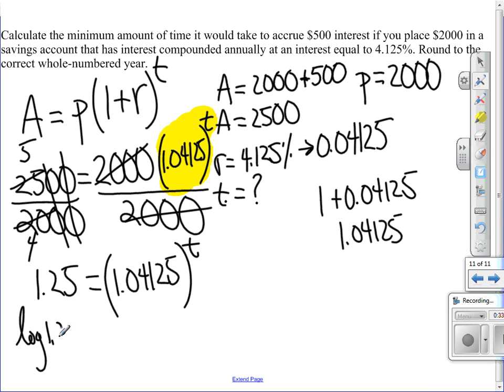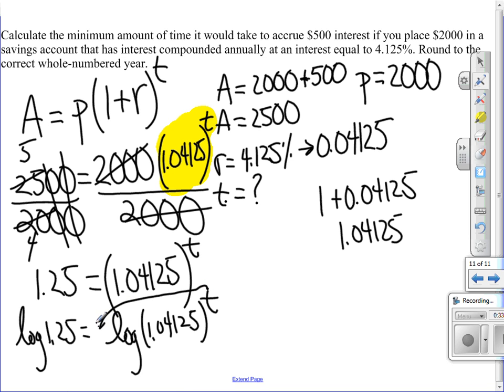Log 1.25 equals log 1.04125 to the t, and when we log both sides, this exponent we can now slingshot down in front of our logarithm, and that's going to allow us to solve for t now.